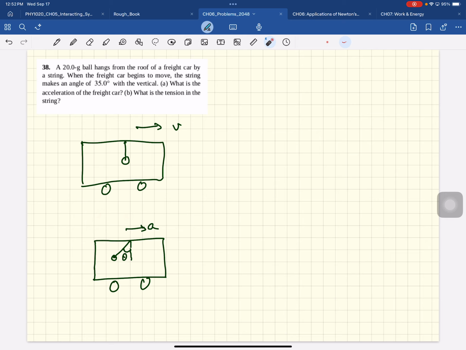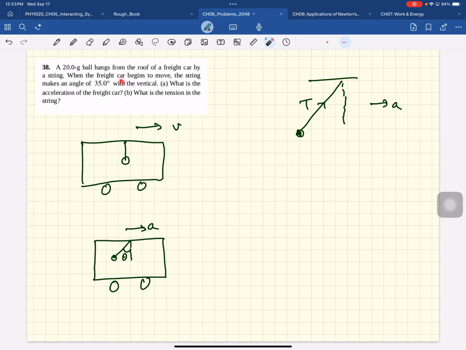All right. So now let's relate this acceleration to this angle. Why is it hanging that way? Here's this mass, there's the tension. A 2-gram ball hangs from the roof of a freight car by a string.